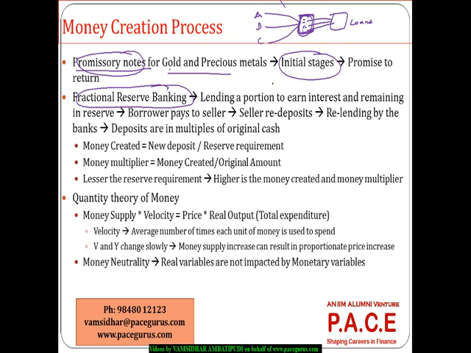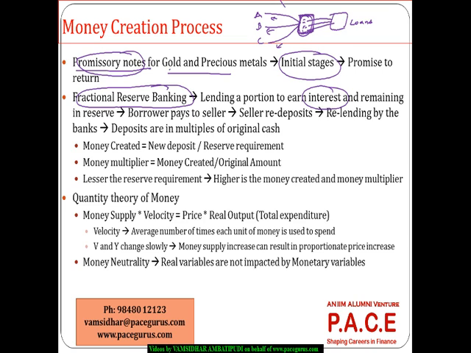A portion of the gold, or the value of the metals that is there, is lent to other parties and interest accrues on that. Some portion of it is kept in reserve because people can withdraw at any point in time. To whatever extent they have visualized that people can withdraw, that has been kept in reserve. The rest goes into the lending process for some interest.